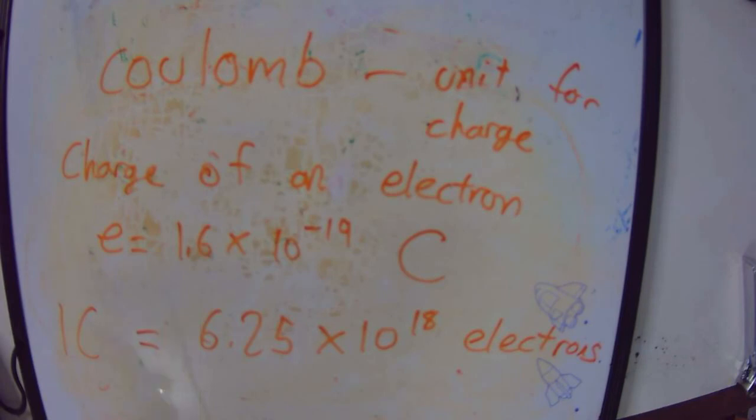Yes, exactly. So the coulomb is similar to the mole in chemistry. In chemistry, you use the mole to help you calculate. If you have 1 mole, then compared to the atomic number, 1 mole of this substance will produce this many grams. The mole also tells us that this 1 mole has this many atoms.